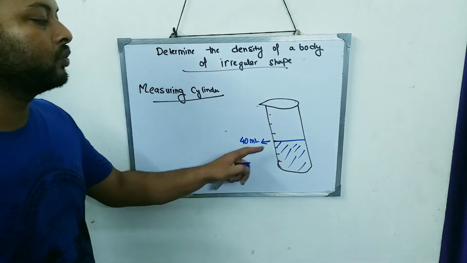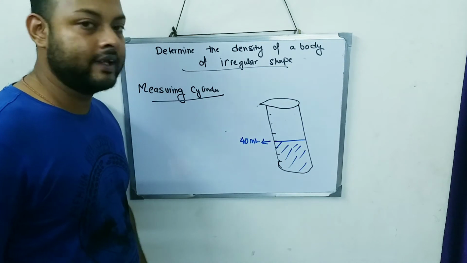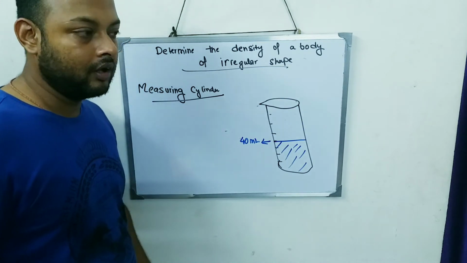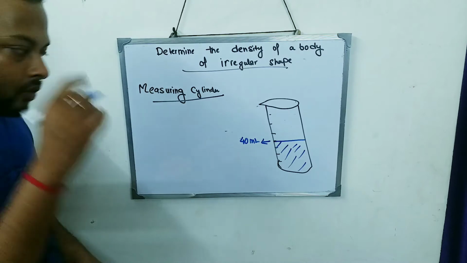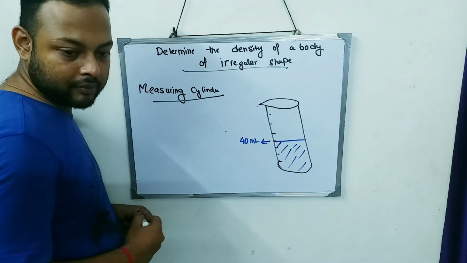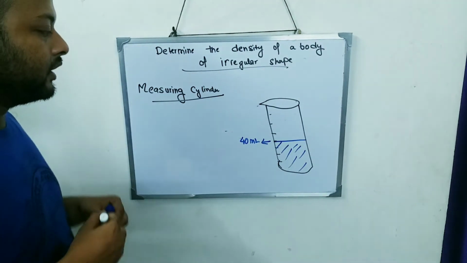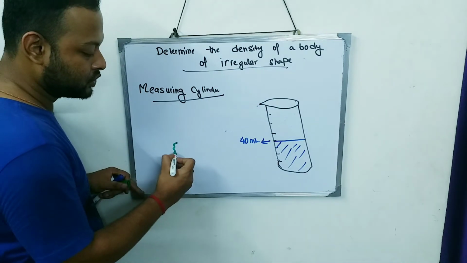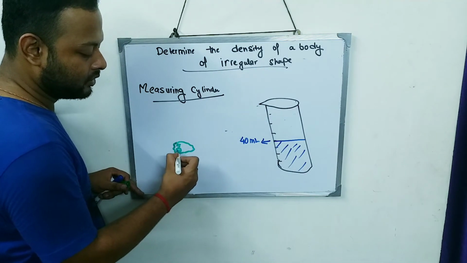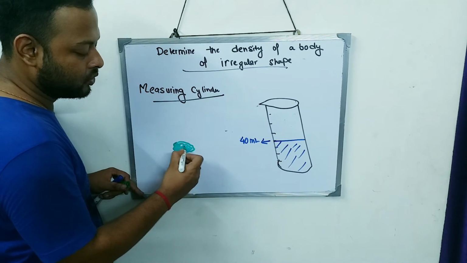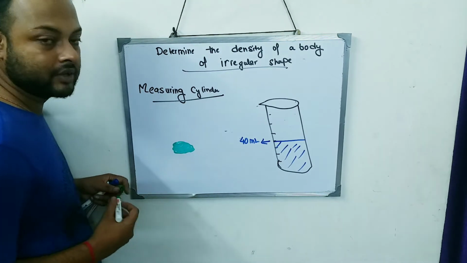So how much water do we have? Initially 40 ml of water. Now what do we do? We have an irregular shaped body. Suppose this is the stone that you find on the roadside. You can see this shape is very irregular.